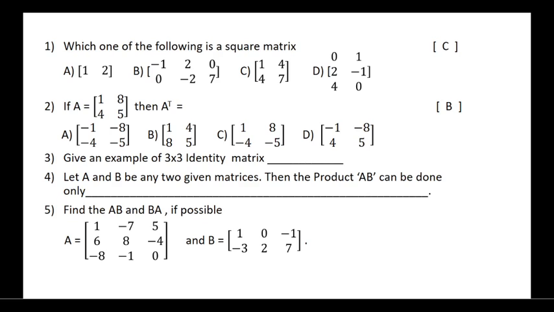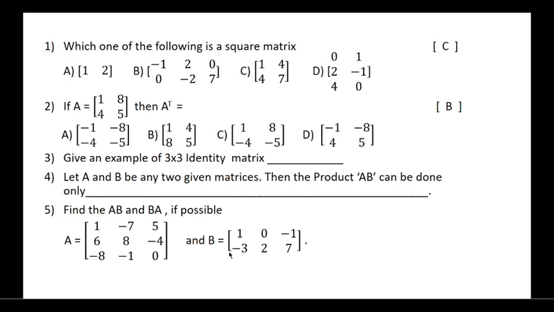If you want to find AB, the first matrix is A, the second matrix is B. In the first matrix A, how many columns are there? There are 3 columns. In the second matrix, how many rows are there? Only 2 rows. That's why multiplication of A and B is not possible.